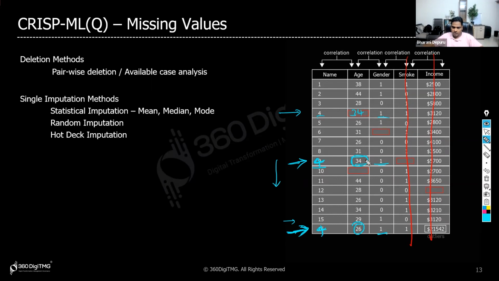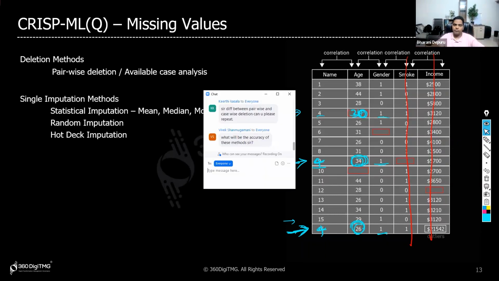So what you do is you take these 2 values, take an average of that, which happens to be 30, and you replace this missing value with 30. So when you write the Python program, you will have those options to choose either variant 1 or variant 2. Which variant you would choose is up to you.